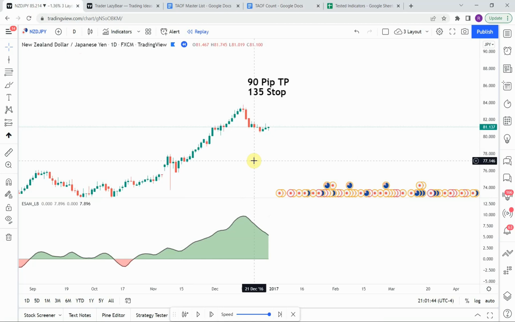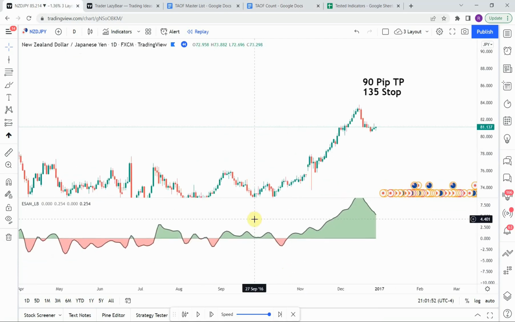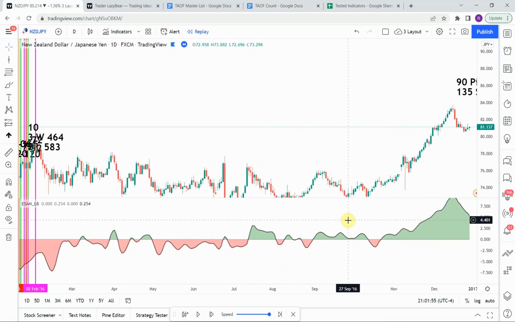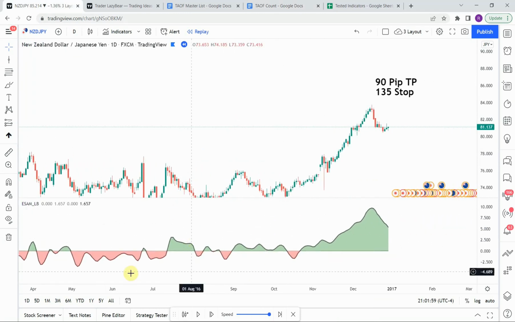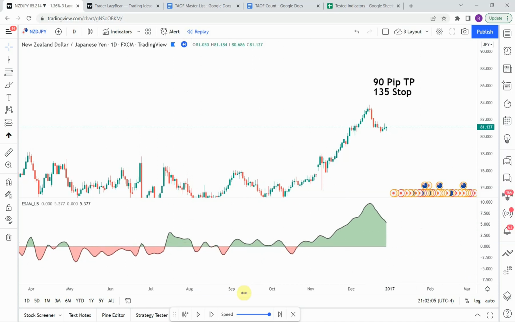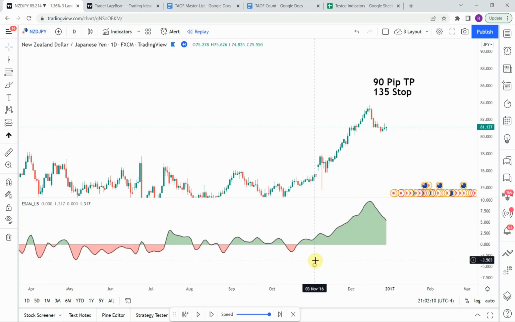Okay, so today's indicator is Ehlers Smooth Adaptive Momentum Indicator, and you can see it here on the bottom of the screen. Pretty simple setup, as you can tell. So basically what we have is a zero line, and an oscillating line that is pivoting above and below that zero line.